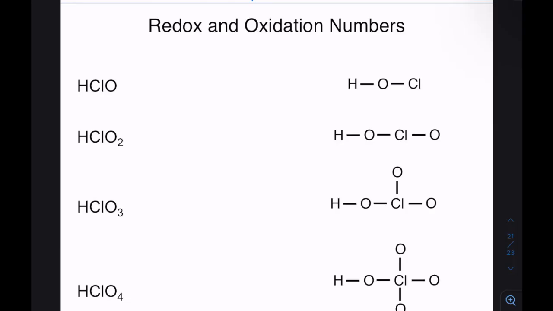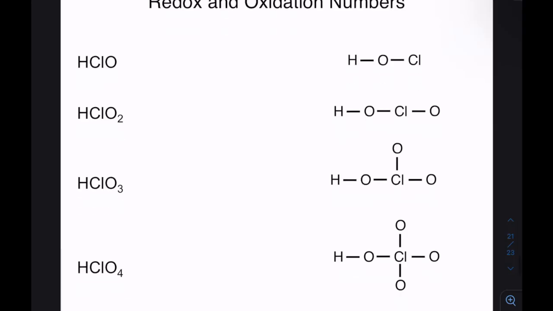And we can see that as we add more oxygens to the chlorine, what's going to happen to the chlorine? Is it going to be more oxidized or more reduced? It's going to be more oxidized because we're putting more oxygens on it. And you can show that by following the oxidation numbers. So let's stay in red for these.